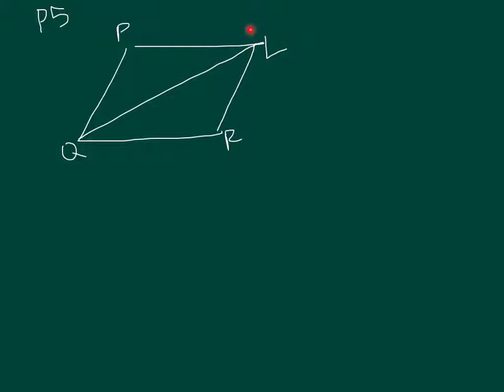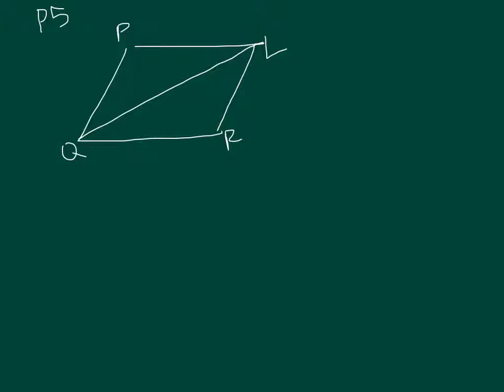Prove the following: triangle QPL is congruent to triangle LRQ. So you're going to have step 1, step 2, whatever, and then at the end you're going to say triangle QPL is congruent to triangle LRQ because of, for example, SSS or SAS or ASA or AAS. One of those triplets.